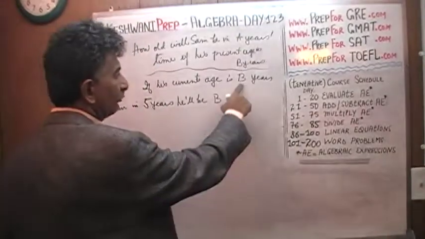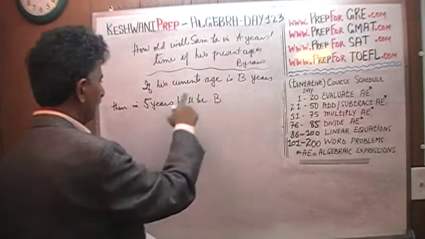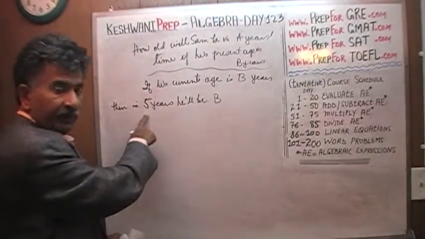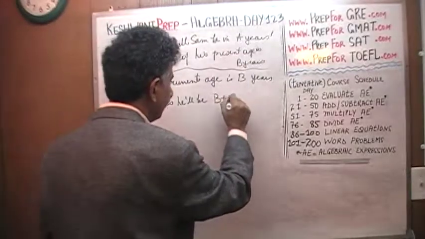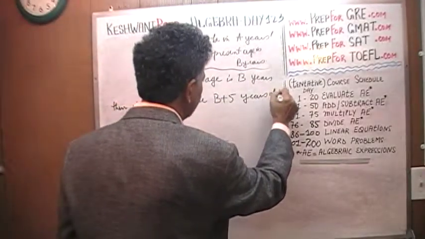Say for example, he's 20 years old today. If he's 20 years today, then in 5 years' time he should be 25. 20 plus 5 years old.